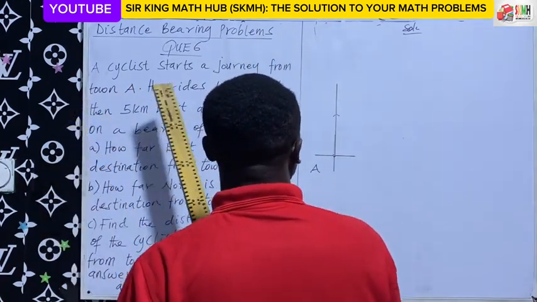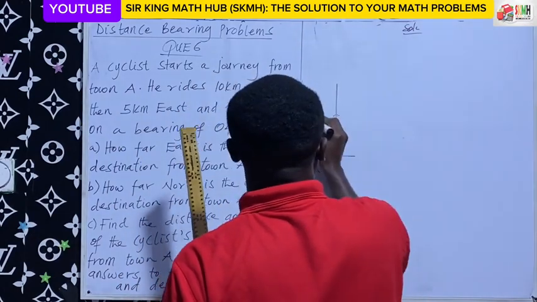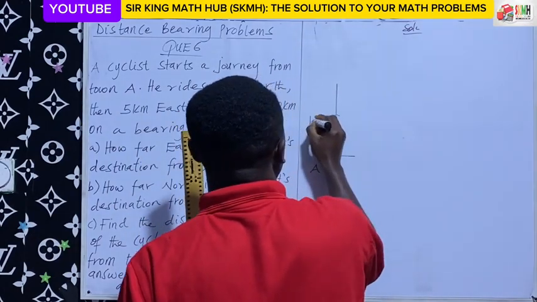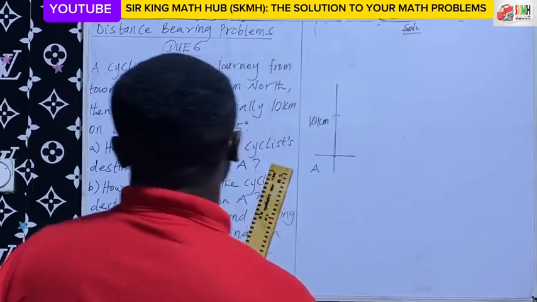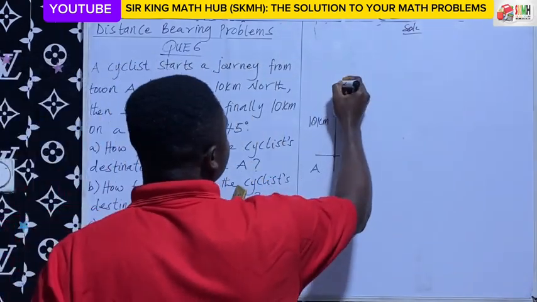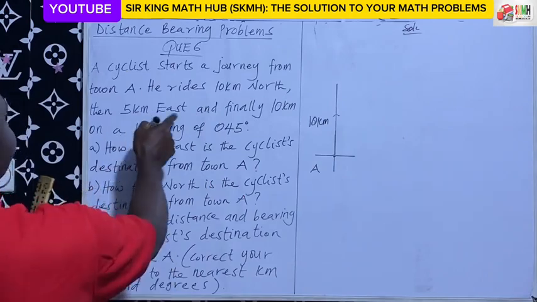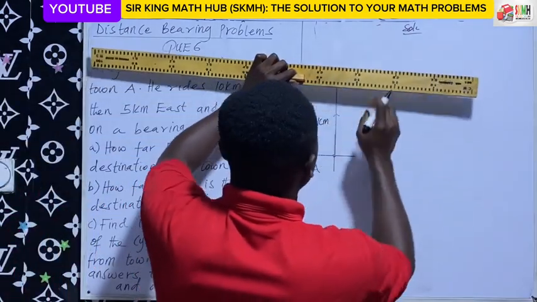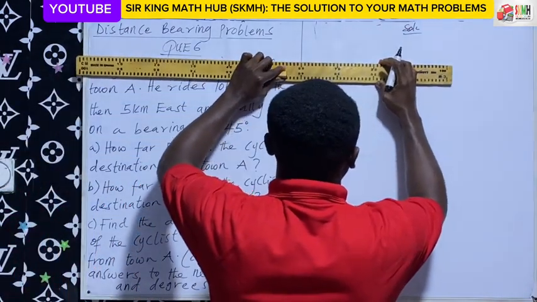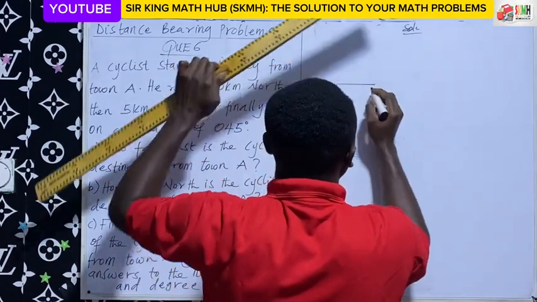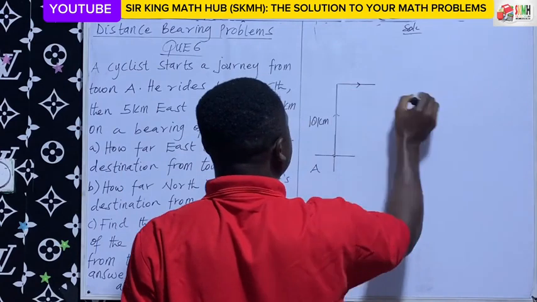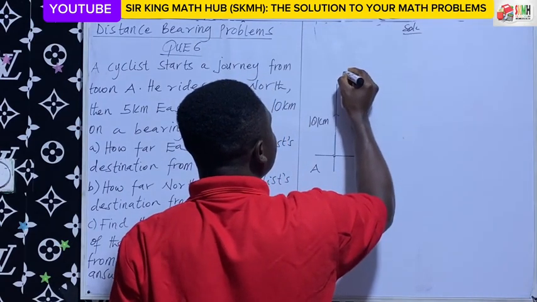So from town A, the north direction, distance covered was 10 kilometers. So this is his current location. Then 5 kilometers east. So from here, he rode 5 kilometers. So there's a direction for east.